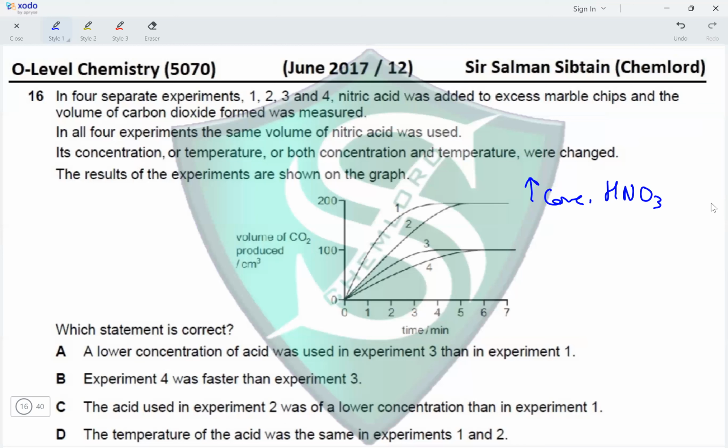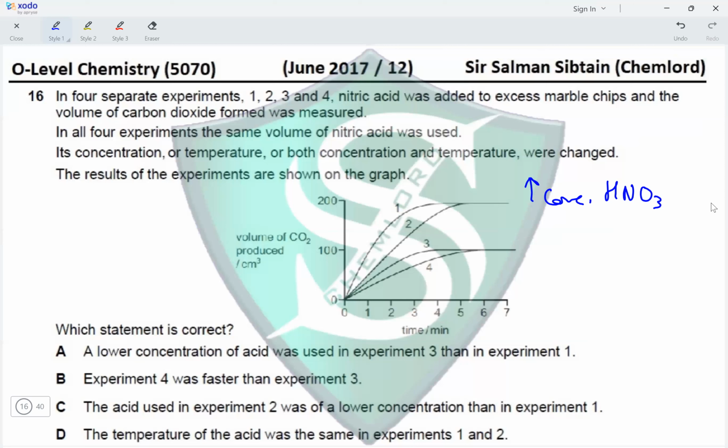Okay, the next thing. Experiments 2 and 4 produce the same volume of carbon dioxide as experiments 1 and 3 respectively. However, they take place over a long period of time. That means the same quantity of CO2 is produced, but it takes longer for it to be produced. The reason could be that the temperature at experiments 2 and 4 would be lower than those at experiments 1 and 3.